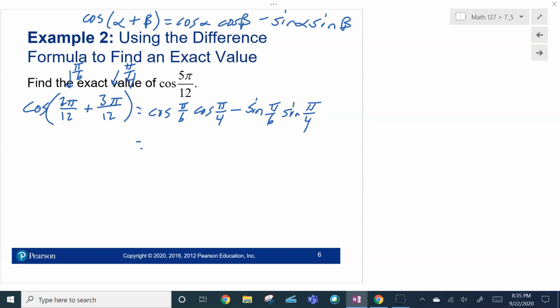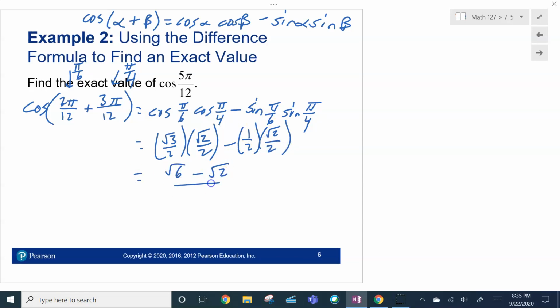So we got cosine pi 6, root 3 over 2, cosine pi 4, root 2 over 2, sine pi 6, a half, sine pi 4, root 2 over 2. So we got root 6 minus root 2, all over 4.